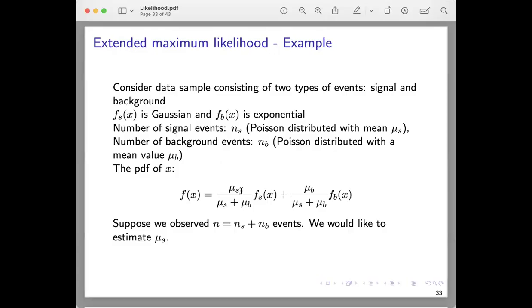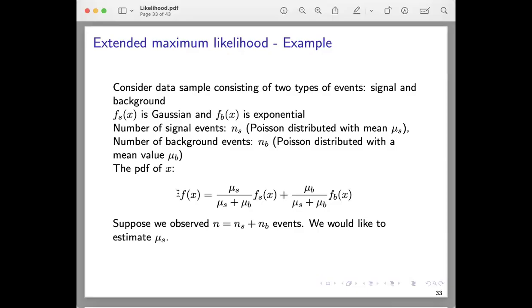If you don't do that, you will not get the integral of f of x dx to be 1. Sir, we could have used number of events also. What do you mean by number of events? Sir, ns by ns plus nb? Yes, sir.